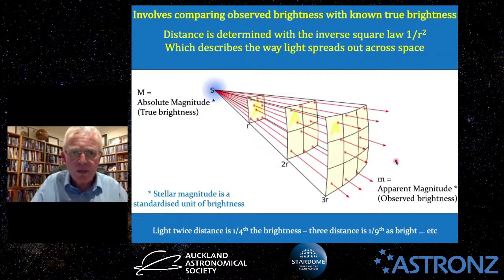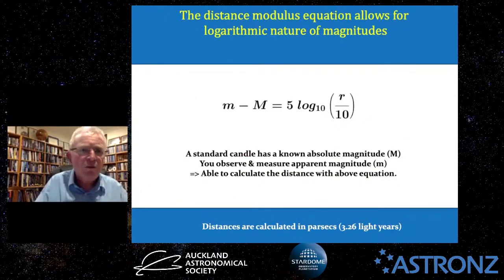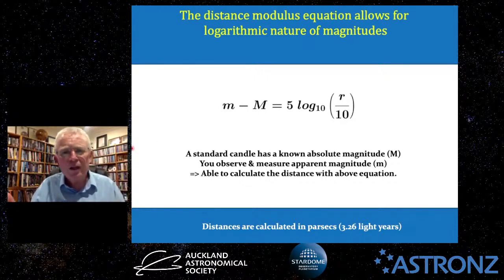Now, you might say, how about astronomers? Don't they use the word magnitude as a measure of brightness? Yes, they do. And you might say, isn't the magnitude logarithmic? Absolutely. So how do they handle that? They have an equation called the distance modulus equation, which allows for the logarithmic nature of magnitudes. And here it is. I'm not going to go into depth, that's another whole talk. But little m is usually the observed or apparent magnitude of a star when you look through your telescope.